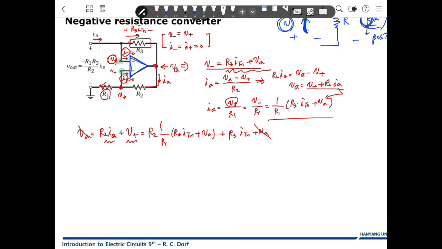Therefore, this is eliminated, so the remaining terms, this term is 0. So you rewrite again: R1, R2, R3 I_in plus V_A, plus R3 I_in is 0.